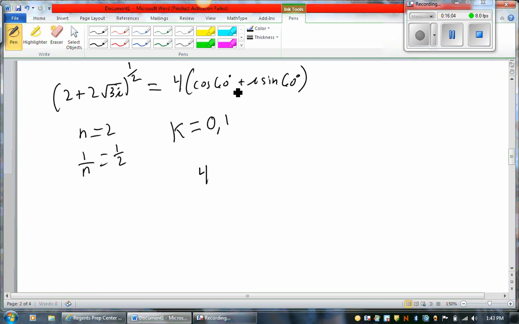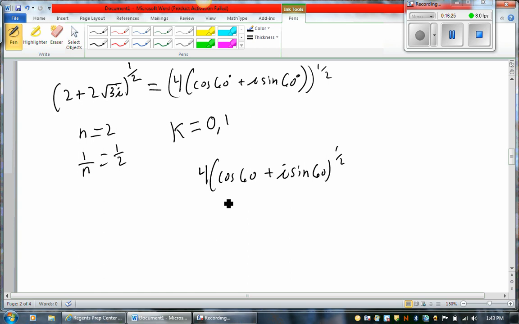So we have our trigonometric form. Remember, we're raising it to the 1/2. 4 times cosine of 60 plus i times the sine of 60, to the 1/2.